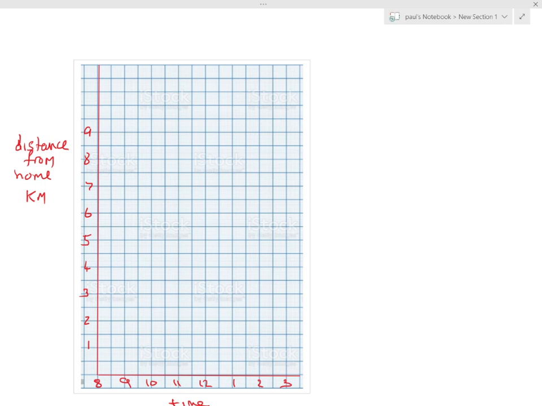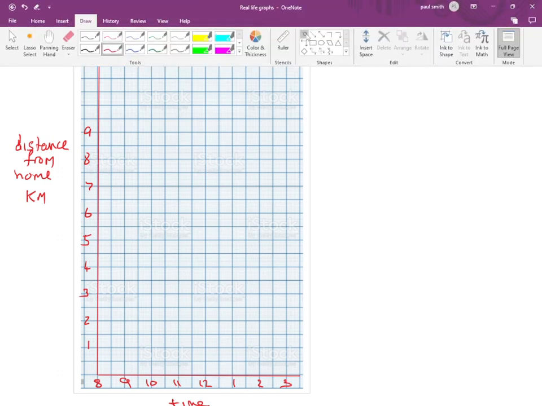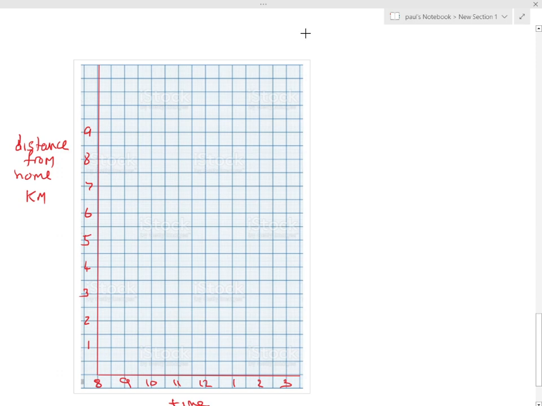I'm going to draw the graph for you, and then we'll look at some questions based on what the graph is doing.